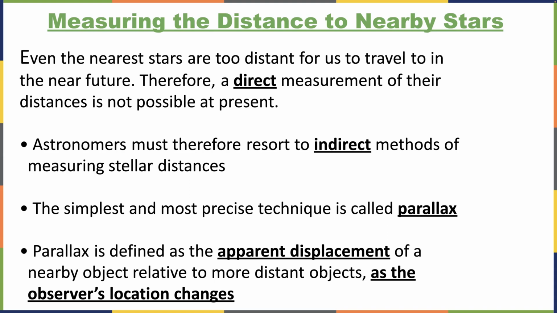Number one, you will understand how simple this method is, and I'm going to show you how, even though it is simple, very advanced surveys, telescopes and even satellites use this method to measure distances, which is very interesting. Of course, parallax is defined as the apparent displacement of a nearby object relative to a more distant object as the observer's location changes.